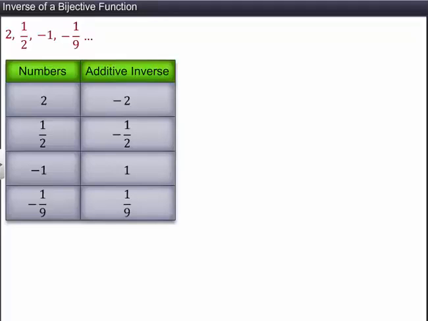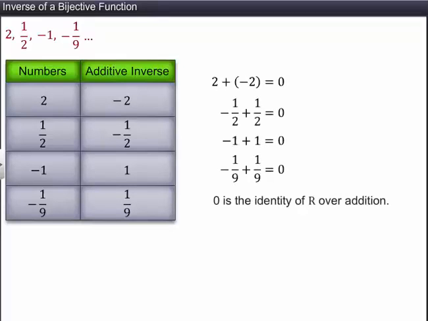It is to be noted that, on adding the inverse of a number to it, we get 0, which is the identity of the set of real numbers over addition. Now, let's see if the inverse of functions exists.